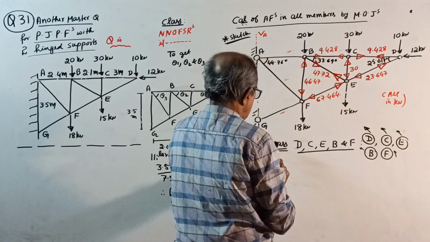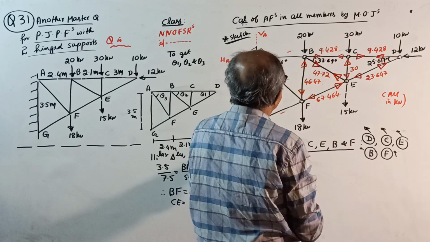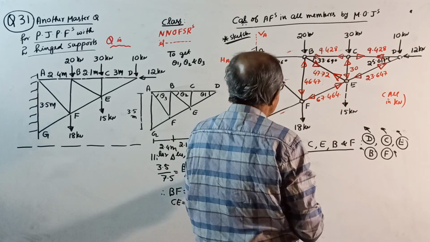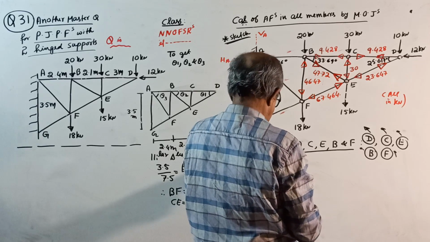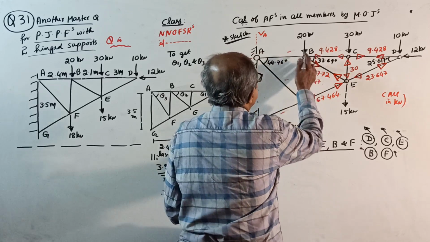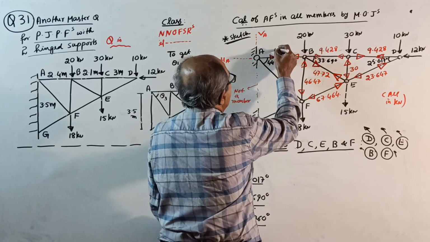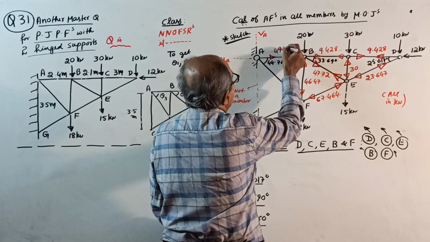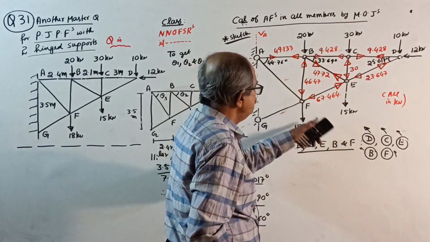And then 49.133. You will get 49.133. Okay, now lastly come to joint F.